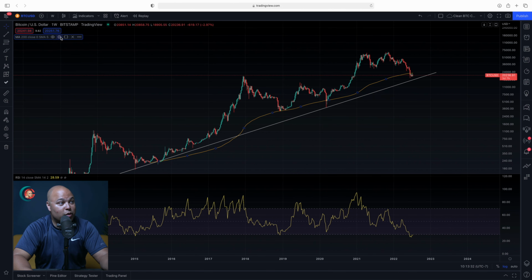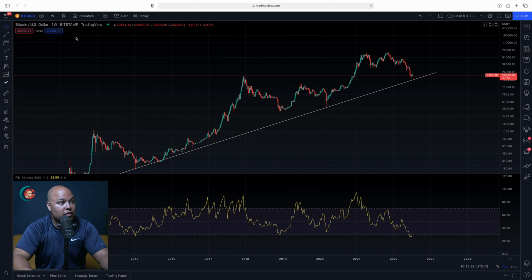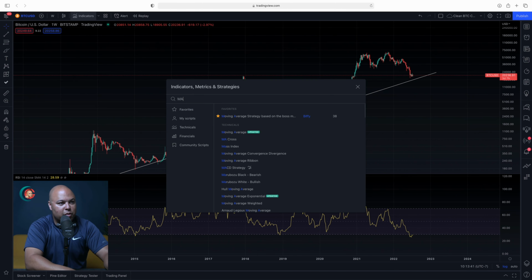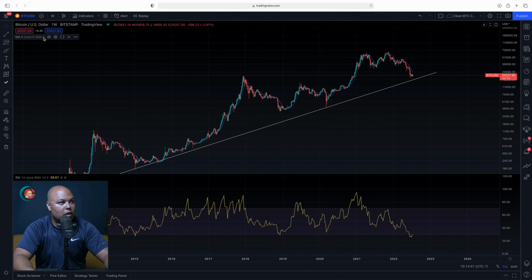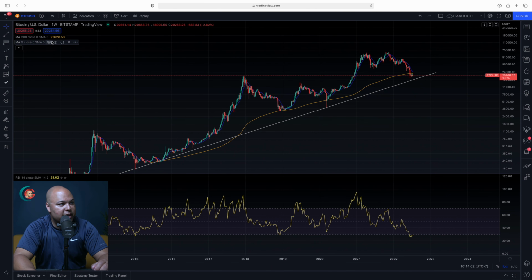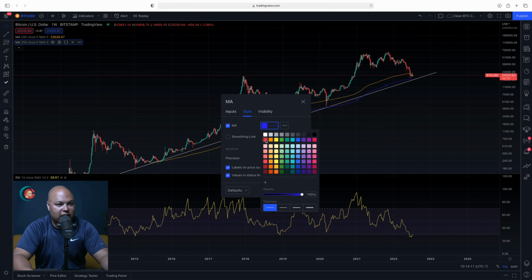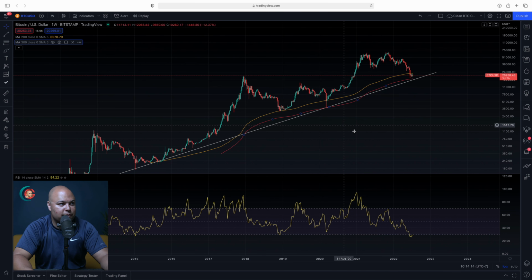And matter of fact, I'm going to add another moving average. And this one, I'm going to make 300 weeks. So the yellow is 200 weeks, and I'm going to make this one red. The red is 300 weeks.